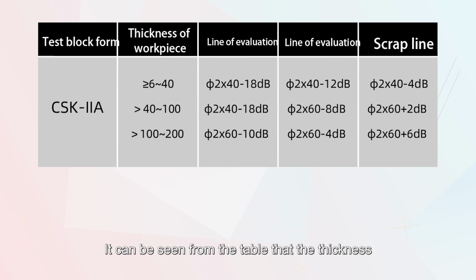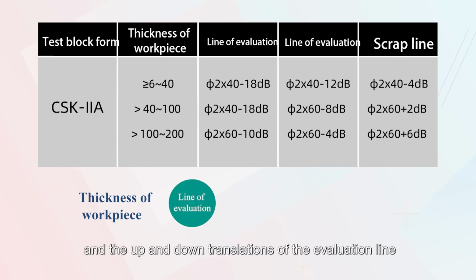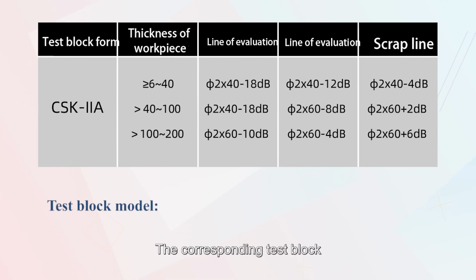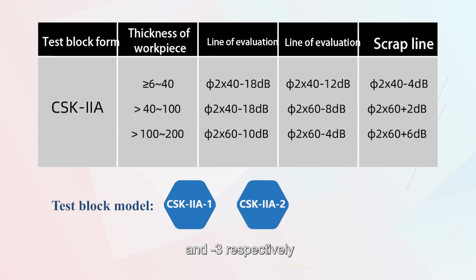It can be seen from the table that the thickness of the workpiece is different, and the up and down translations of the evaluation line, the quantitative line and the rejection line are also different. The corresponding test block models are CSK-IIA-1, -2 and -3 respectively.